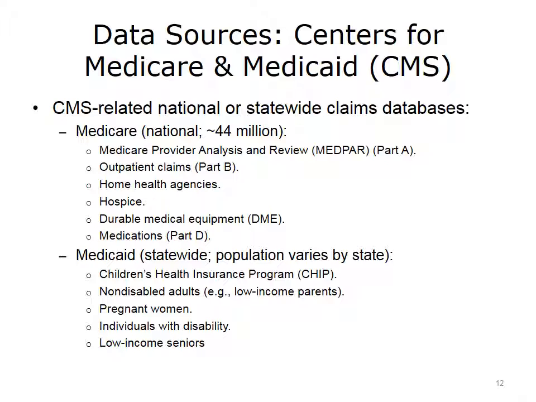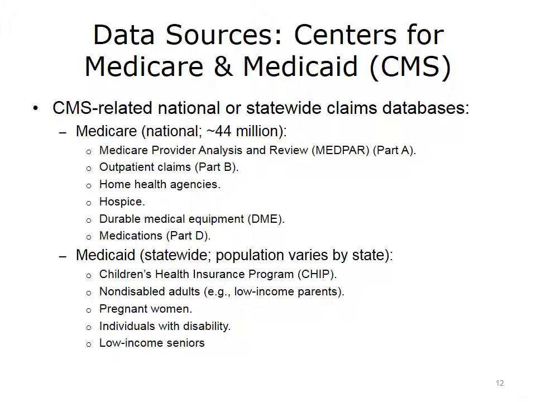Medicare data is maintained by CMS and includes sections such as Medicare Provider Analysis and Review, MedPAR file, referred to as Part A, outpatient claims, which contains Part B, home health agencies, hospice, durable medical equipment, DME, and medications, also known as Part D. Medicare data can be acquired through various CMS programs for research and population health analytics.